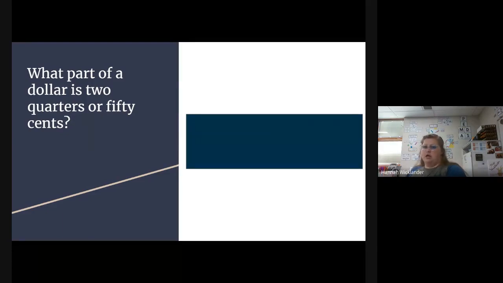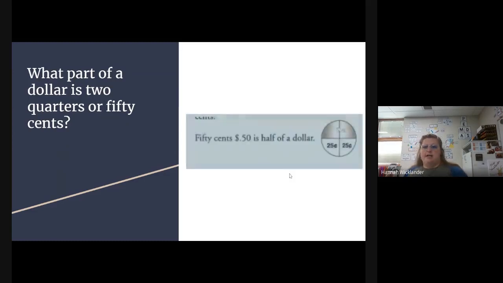What part of a dollar is 2 quarters, or 50 cents? Yes, half of a dollar, or 1 divided by 2.